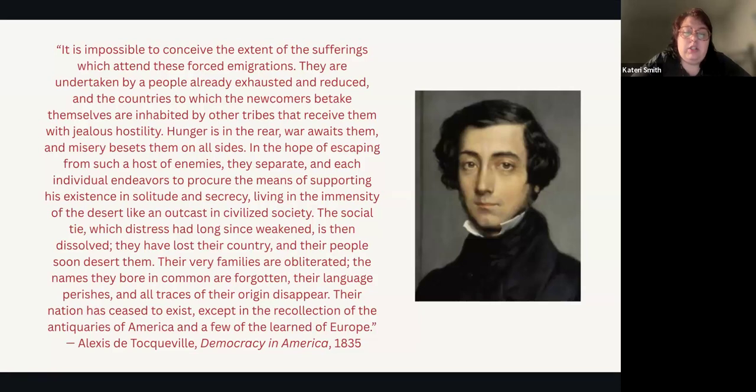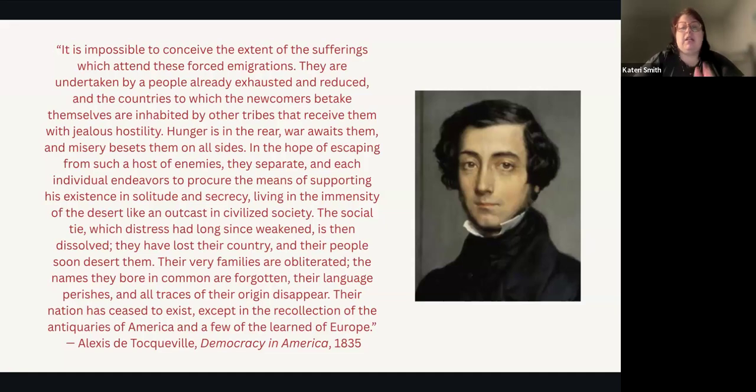The social tie, which distress had long since weakened, is then dissolved. They have lost their country, and their people soon desert them. Their very families are obliterated, the names they bore in common are forgotten, their language perishes, and all traces of their origin disappear. Their nation has ceased to exist, except in the recollection of the antiquaries of America and a few of the learned of Europe.